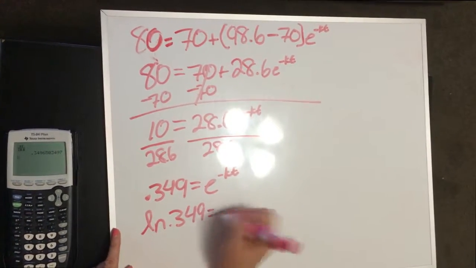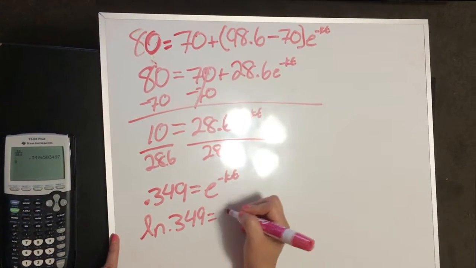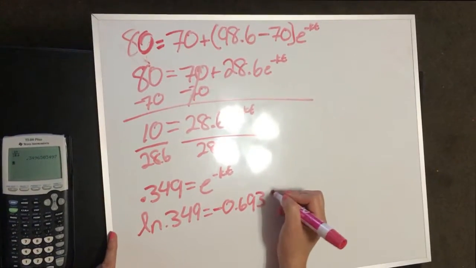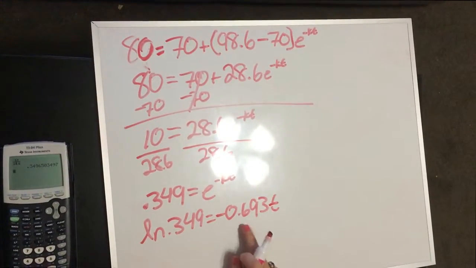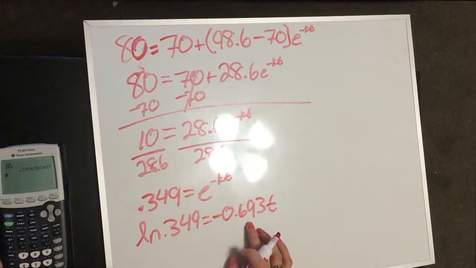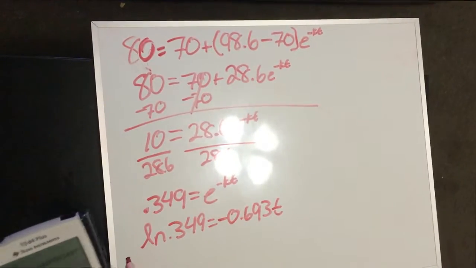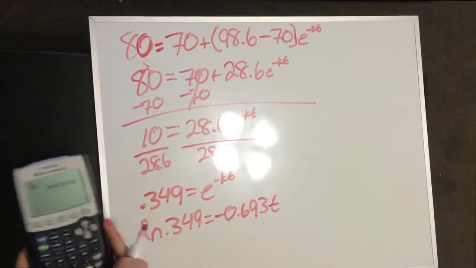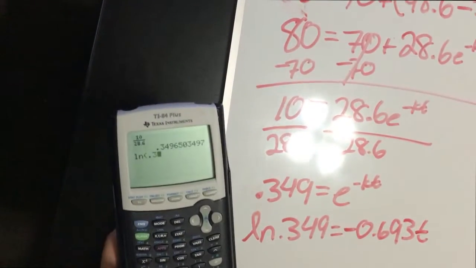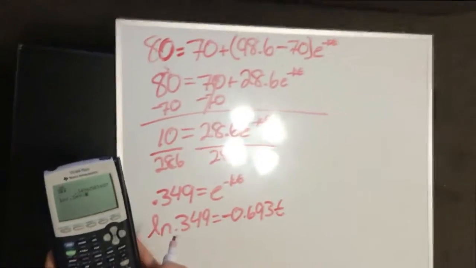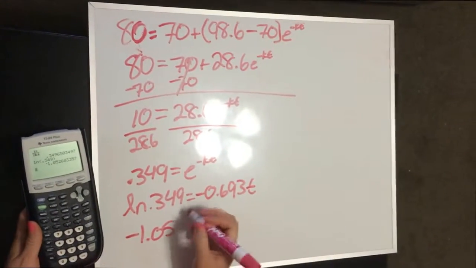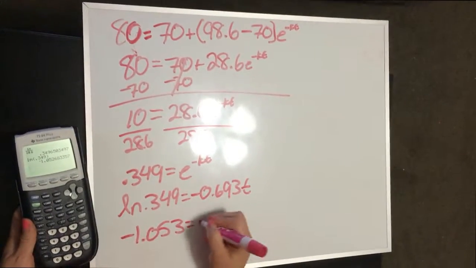0.349 equals negative 0.693, because we had already discovered the amount for K. So we're going to solve this part of the equation, which is ln times 0.349, which gives us negative 1.053 equals negative 0.693 t.